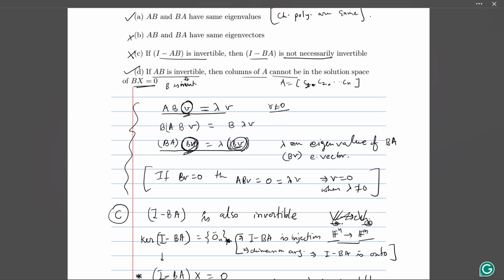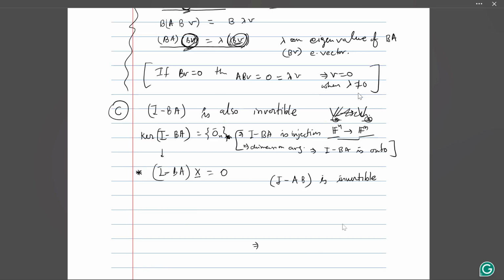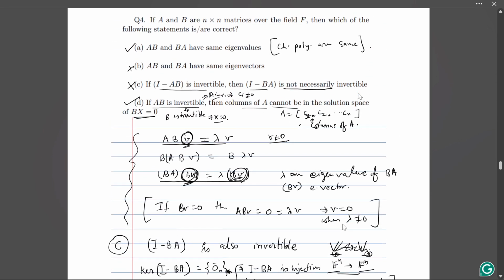This will imply B is invertible, and so X is equal to 0. This also implies A is invertible, so Ci's are non-zero. This will imply Ci's are columns of A. Okay, I think you understood this part also.